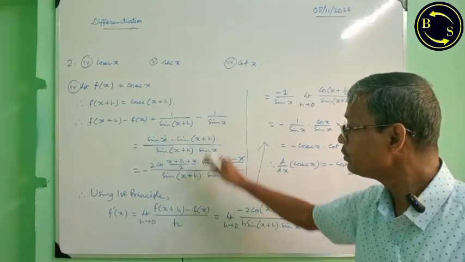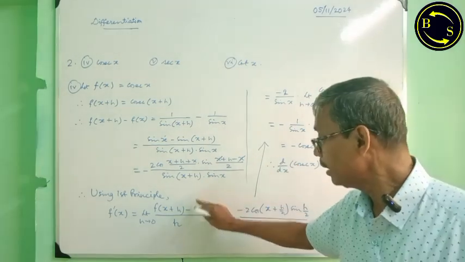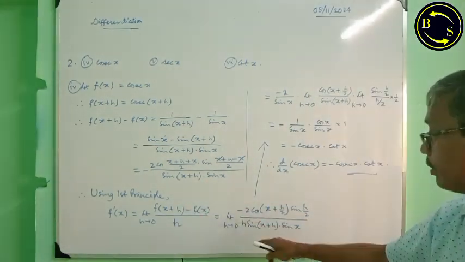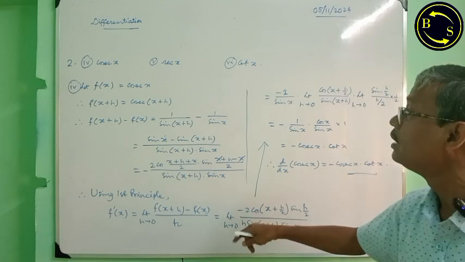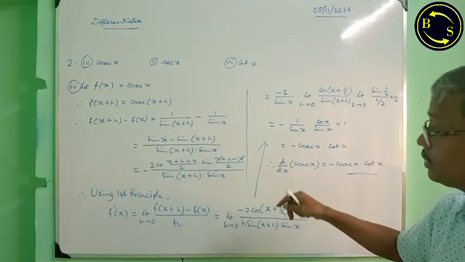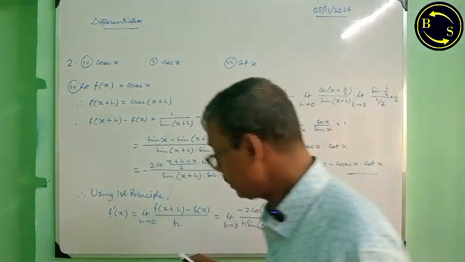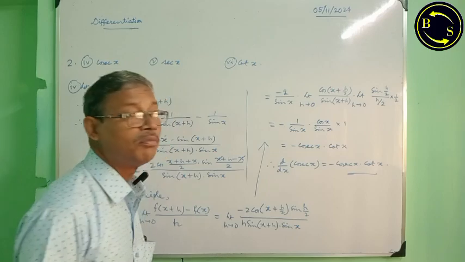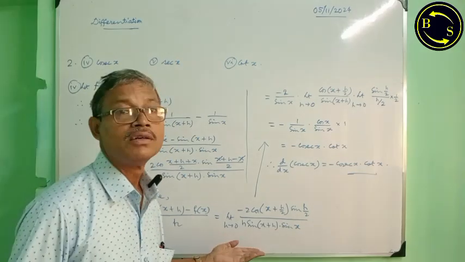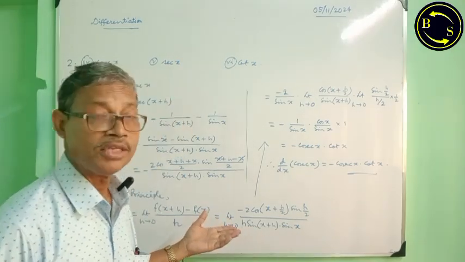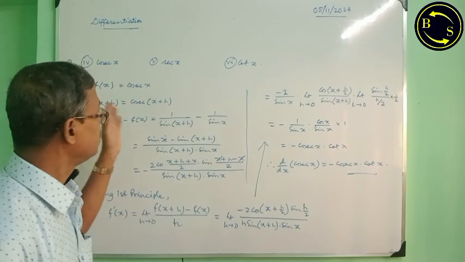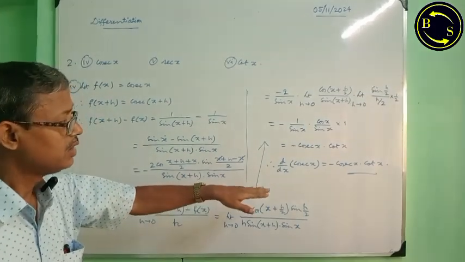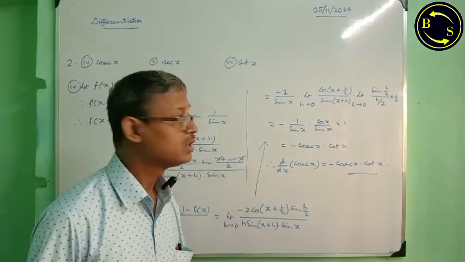Already we have followed the mechanical way and calculated the limit. Already it is mentioned that derivative is nothing but obtaining the value of limits. Thus, derivative of cosec x is minus cosec x cot x.